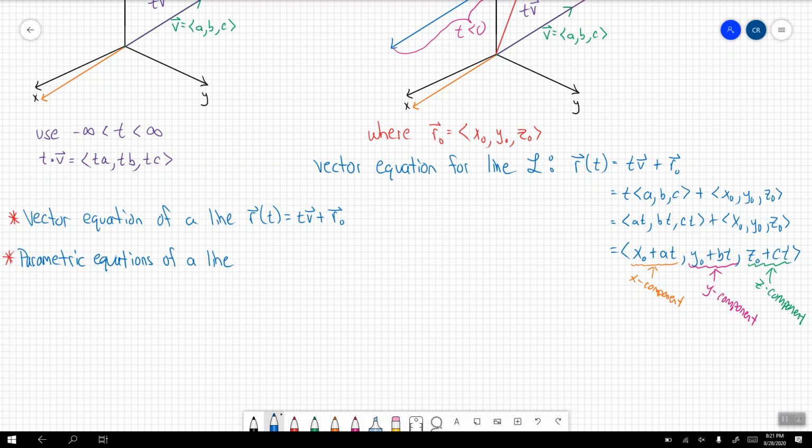These parametric equations of a line are three different equations. The first one is the x component. This tells me that x is equal to x naught plus a times t. This also tells me that y is equal to y naught plus b times t. And it also tells me that z is equal to z naught plus c times t.